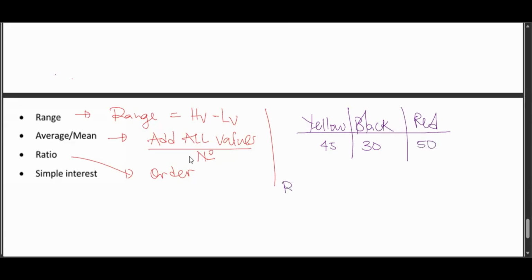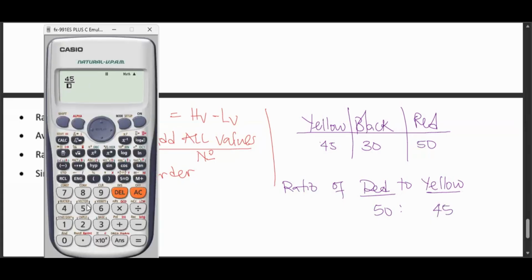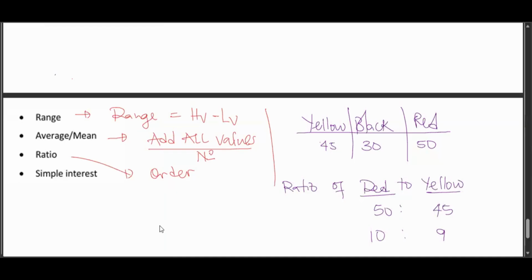And they ask the ratio of red to yellow. Please don't change the order. Write down red to yellow. Red has 50, to yellow, 45. Now, if you don't know what to do next, pick the calculator, take the smallest number, which here is 45, put it over 50. So the smaller number should be 9, the bigger number should be 10. You are done. All right?